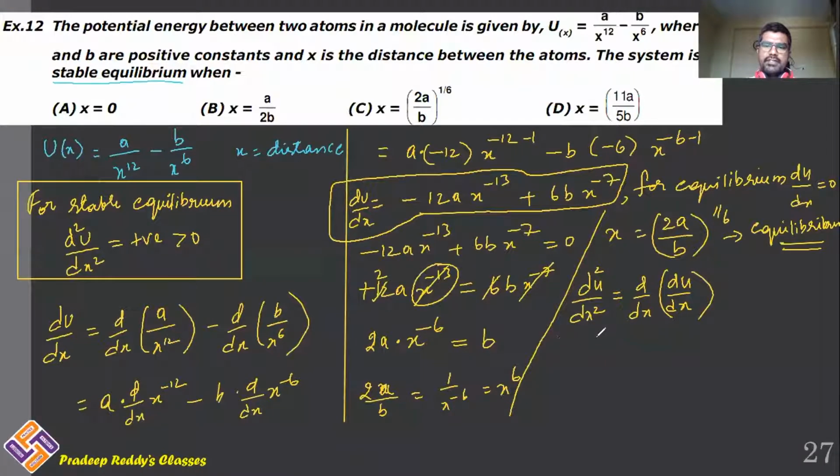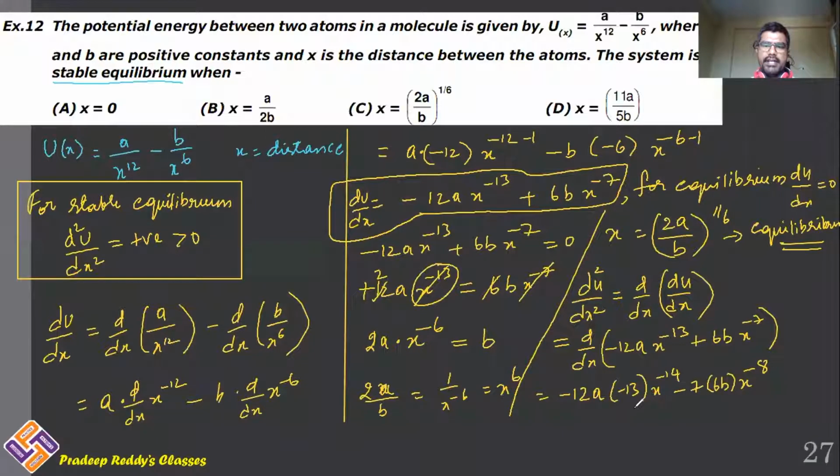D square u by dx square is equal to d by dx of minus 12a x power minus 13 plus 6b x power minus 7. Differentiating this, you will write it as minus 12a into minus 13 x power minus 14, minus 7 into 6b into x power minus 8.